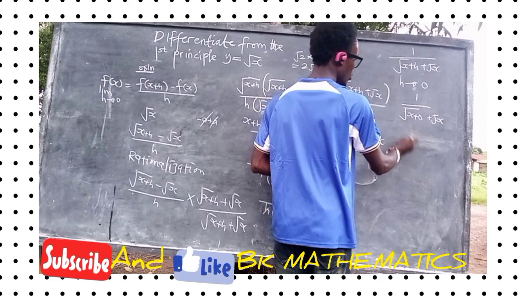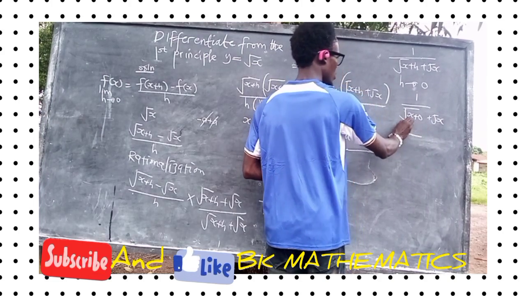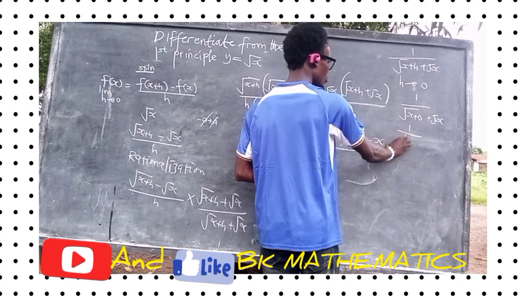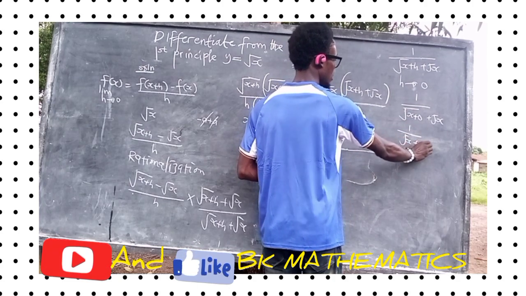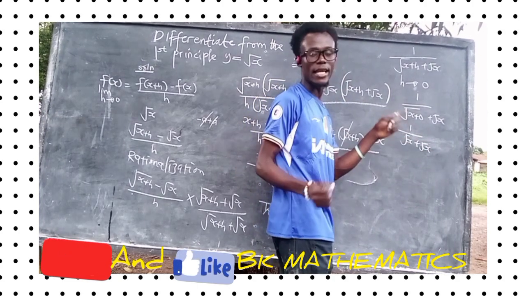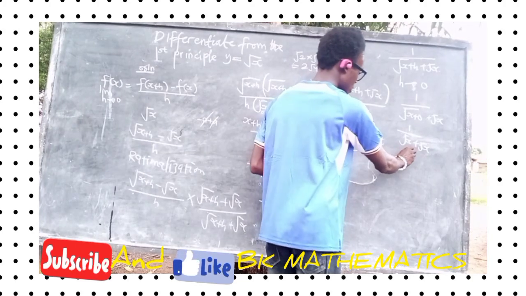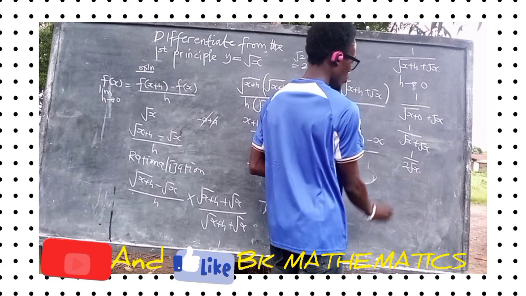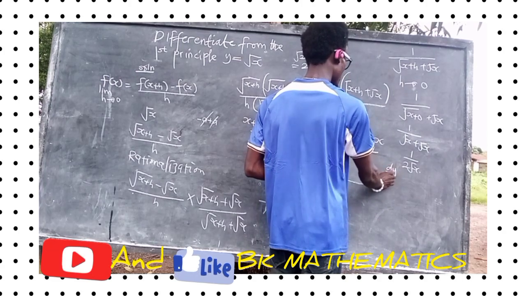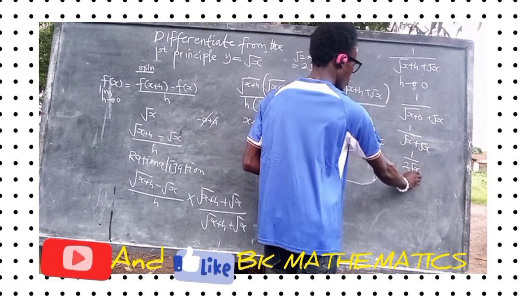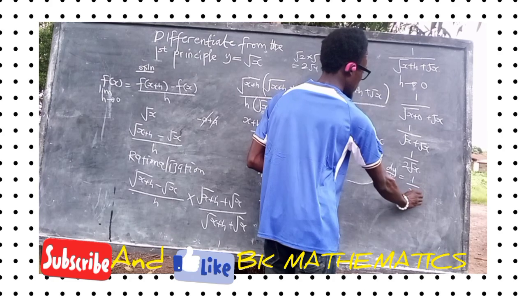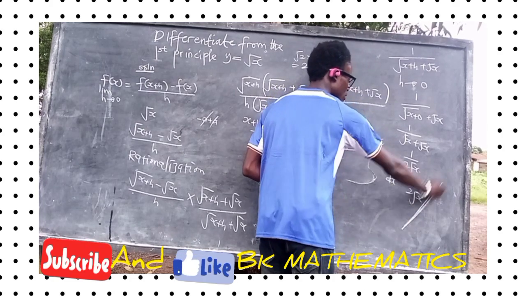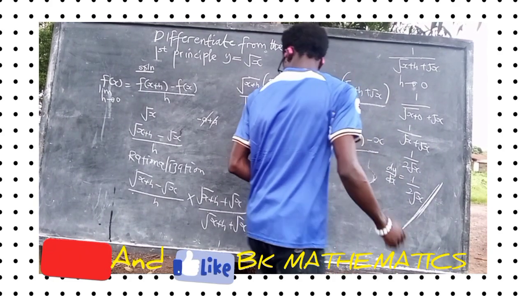That is 1 divided by root x plus root x, and root x plus root x gives 2 root x. This becomes 1 upon 2 root x. Therefore, dy upon dx becomes 1 upon 2 root x, as required. This is what we were asked to differentiate using the first principle.